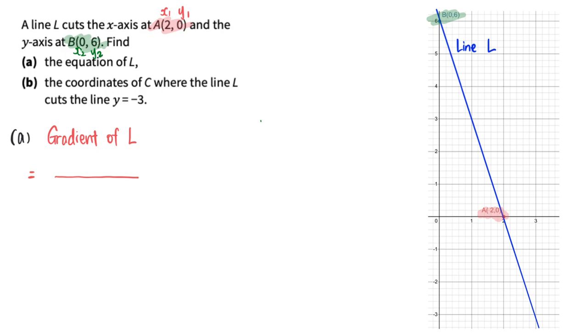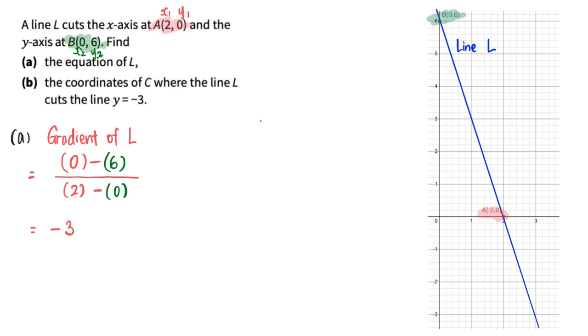So y1 minus y2, which will be 0 minus 6. And the x1 minus x2 will be the coordinate 2 minus 0. I usually like to put brackets when I substitute values into a formula so that I will not make careless mistakes. This will give me a value of negative 3.